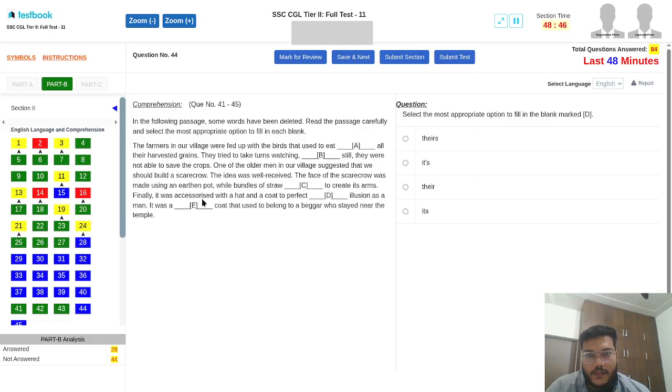Finally, it was accessorized with a hat and a coat to perfect its illusion as a man. It was a brown, old, tattered coat.